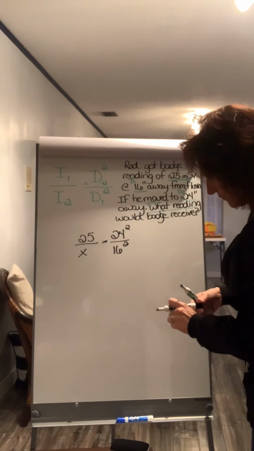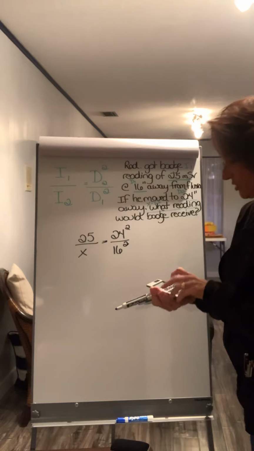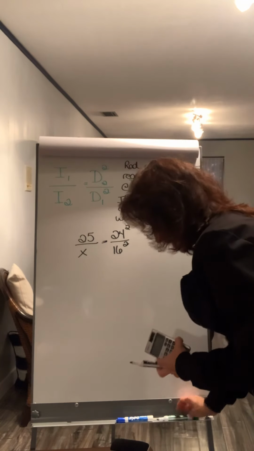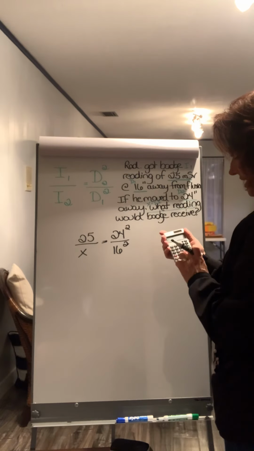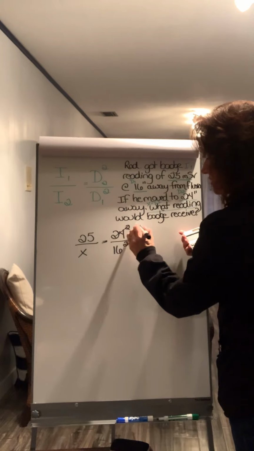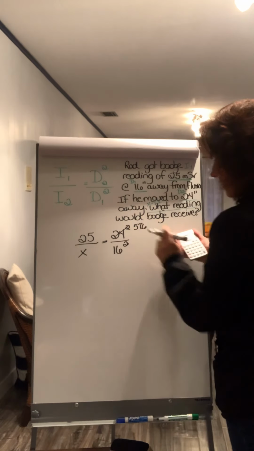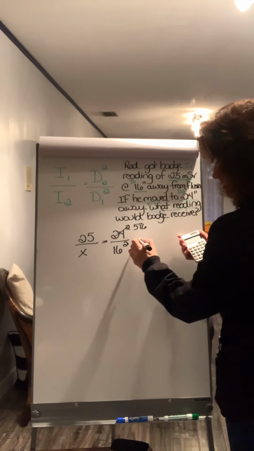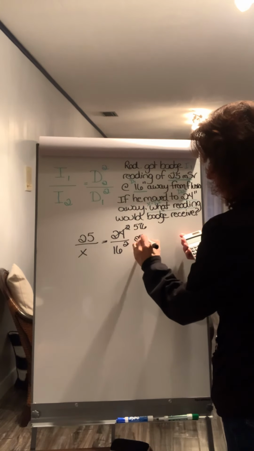And I always tell you guys the first thing I like to do is get rid of those. So 24 squared literally means 24 times 24. So if I take that and I go 24 times 24, that gives me 576. And 16 times 16 gives me 256.